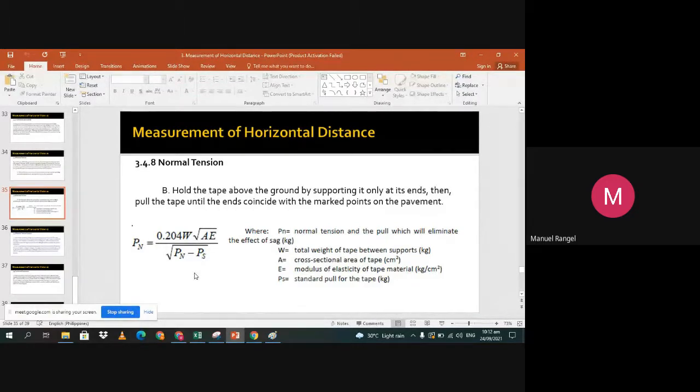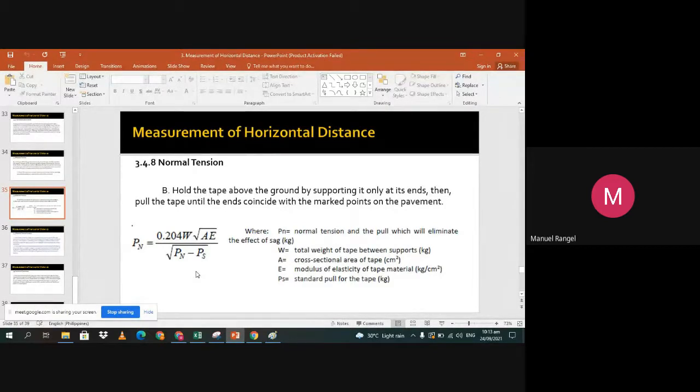Solution. Okay, since Pn occurs on both sides, there are various methods which could be employed to solve this equation. So two different methods are shown in the accompanying example. Please take note that normal tension only makes the tape its normal length and does not compensate for cumulative error.